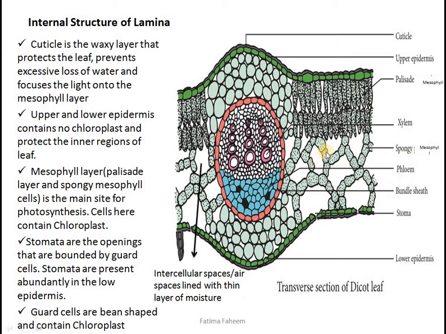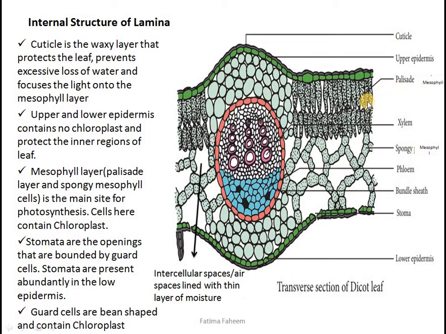Now come to the other cells, which are written as palisade mesophyll cells and spongy mesophyll cells. Both of them are together called mesophyll cells, and their specialty is that they contain a lot of chloroplast. So these are the sites of photosynthesis.